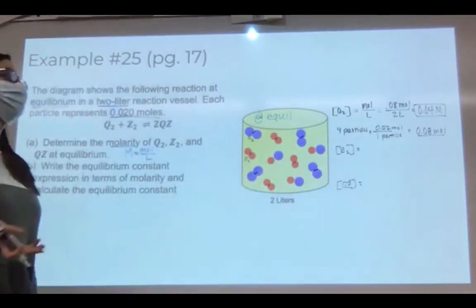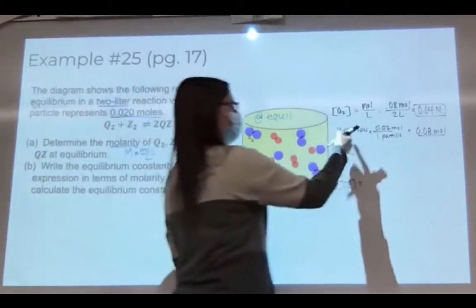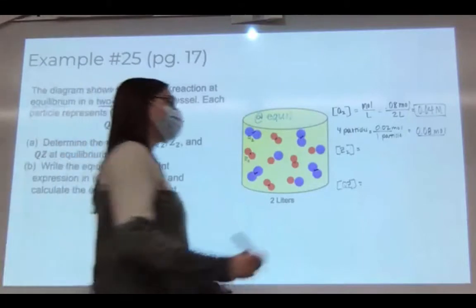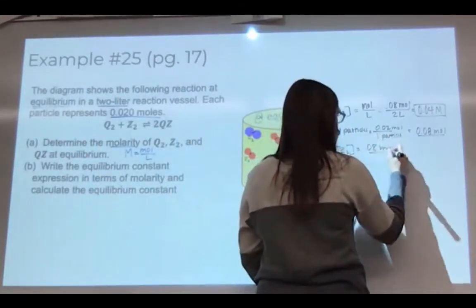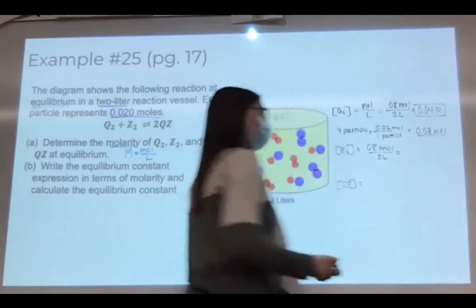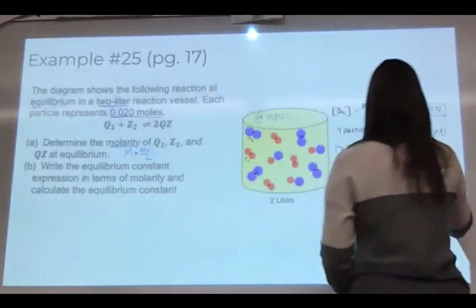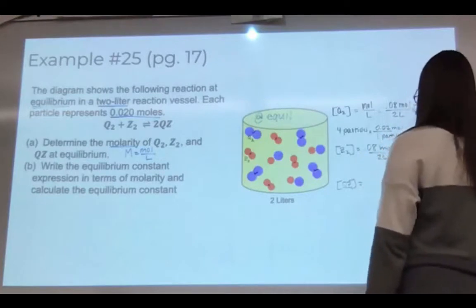There's also 4 particles, so there's the same number of moles of Z2 in the same size container. So the concentration, the molarity of Q2 and Z2 are actually the same. 0.04 molar.